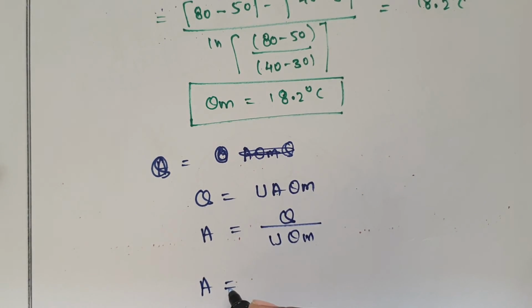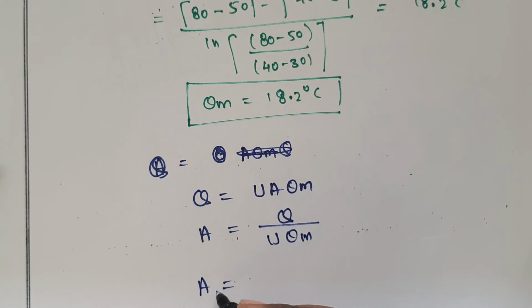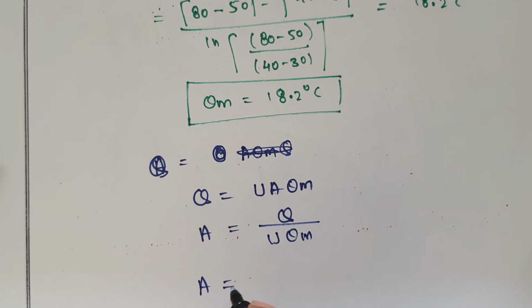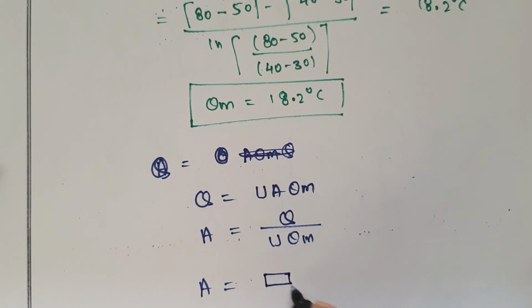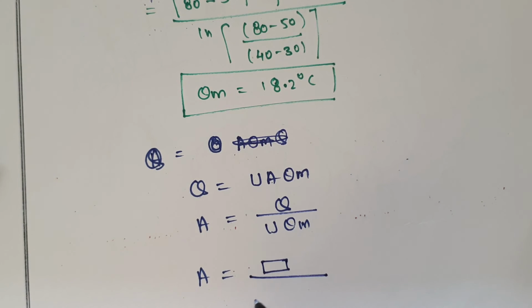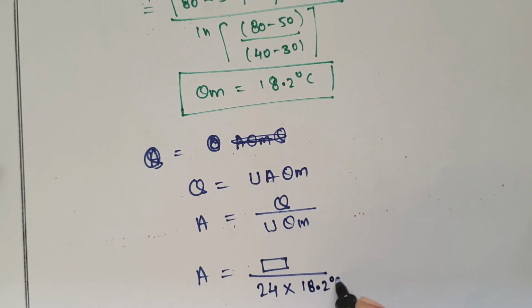Write down the area as it is. The Q value you have to substitute; you got the value of Q in the question. Then the U value is given in your question, that is 24. After that, the theta m value is 18.2 degrees centigrade.